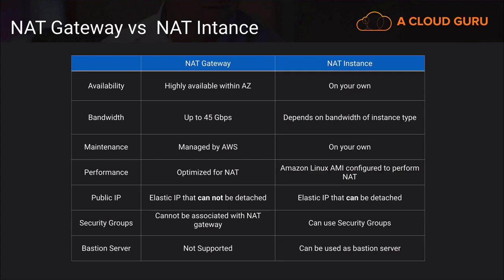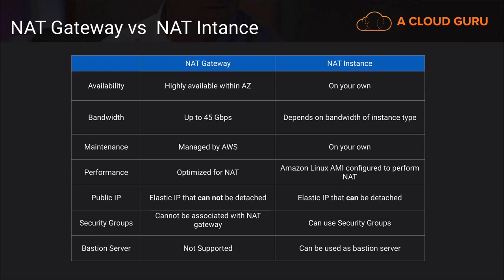So as far as performance, the NAT gateway is really optimized for network address translation. The NAT instance really is just a conscripted Amazon Linux AMI that's configured to perform NAT. Now, the NAT gateway's public IP is an Elastic IP that cannot be detached once you create that gateway.